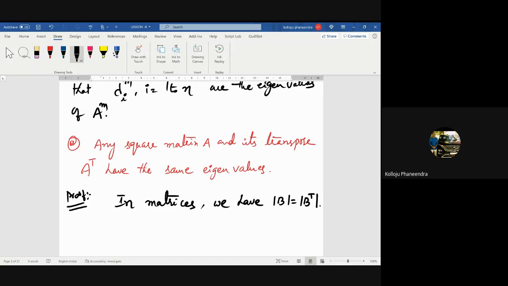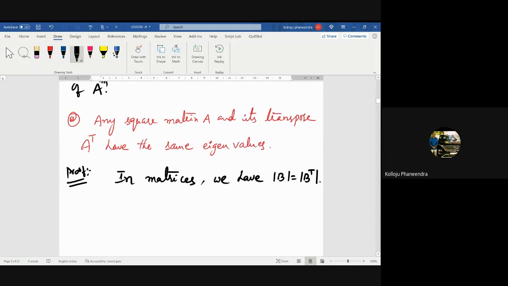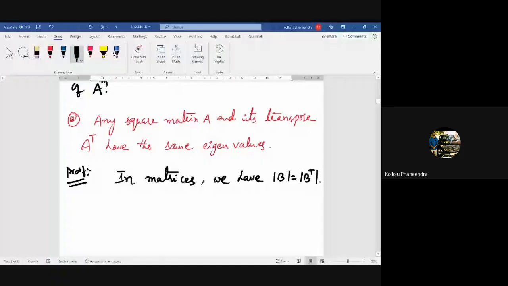Determinant of B equal to determinant of B dash.